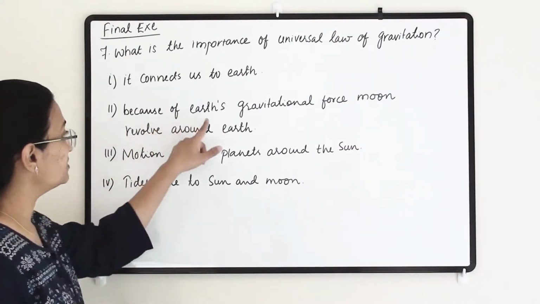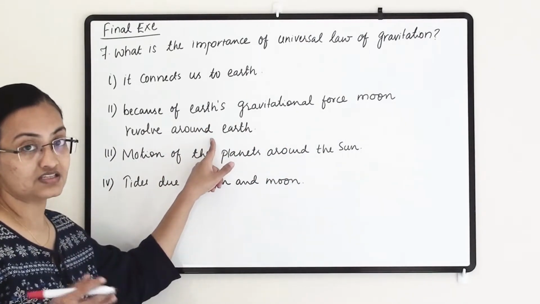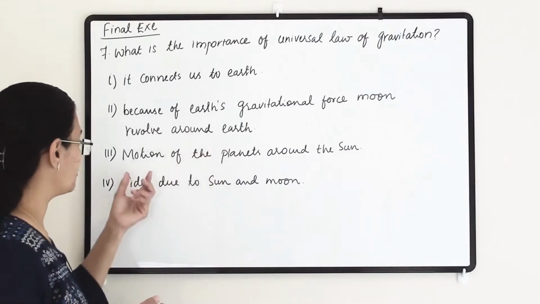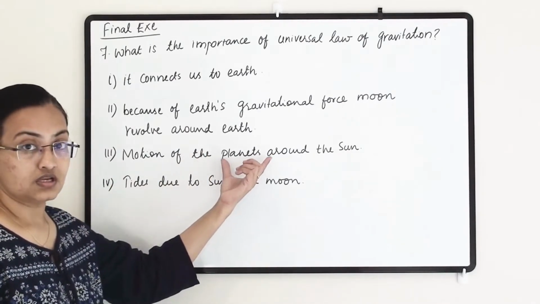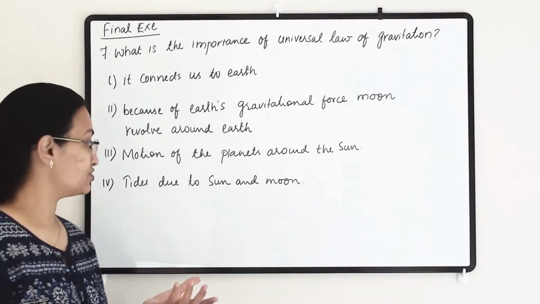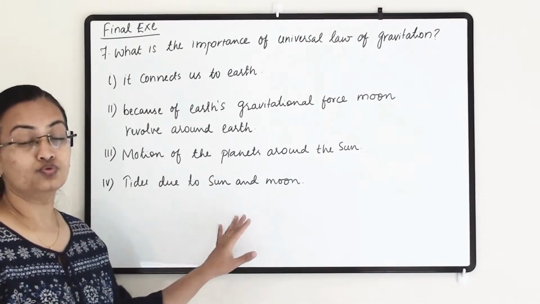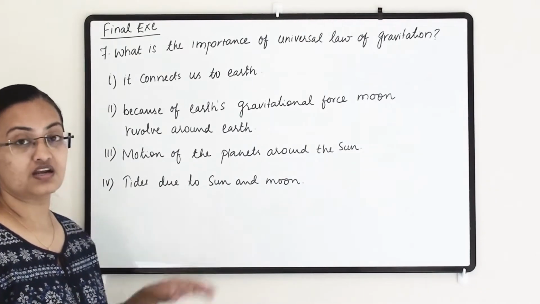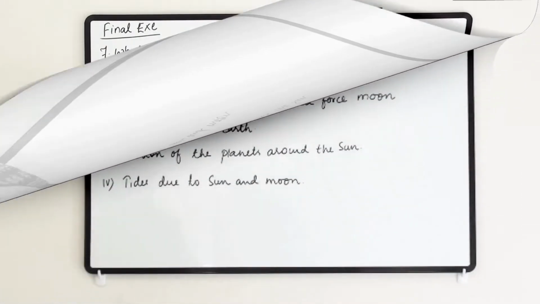Second, because of the earth's gravitational force, the moon revolves around the earth and it is responsible for the moon's revolution. Then the motion of the planets around the sun. So the whole solar system exists because of the gravitational force. Then tides are due to the sun and moon's gravitational force. So here are some of the important applications of gravitational force.